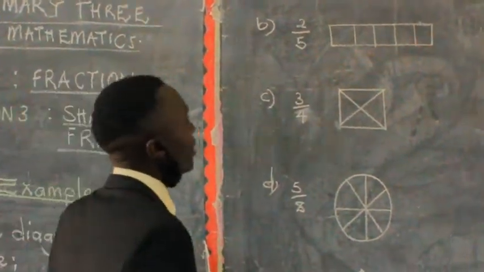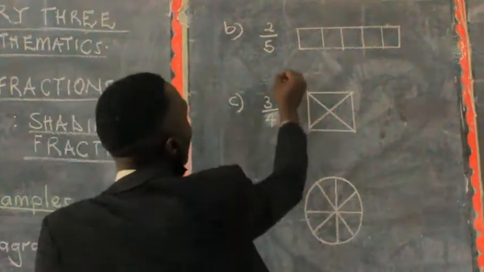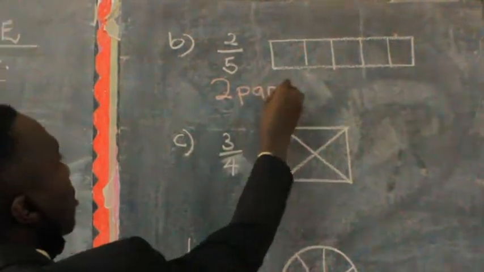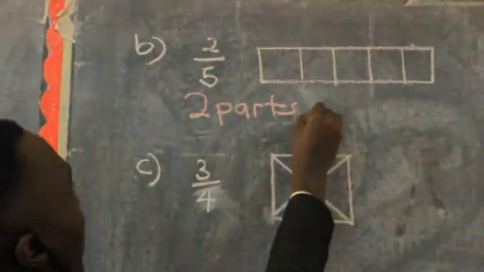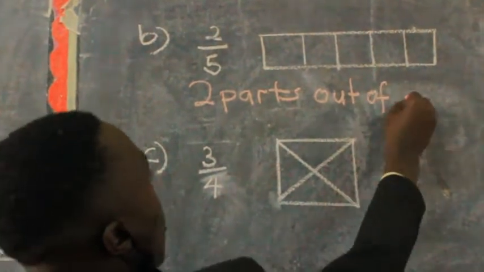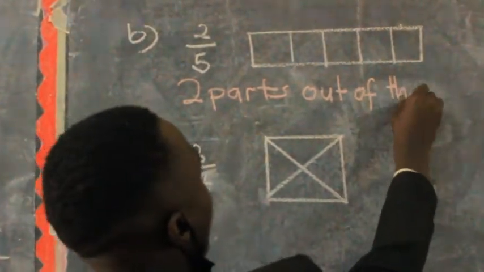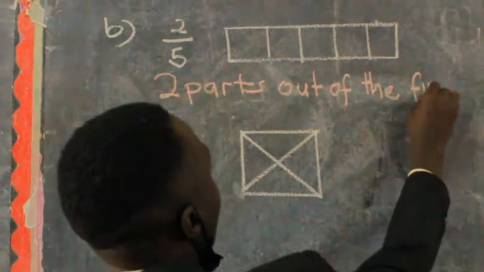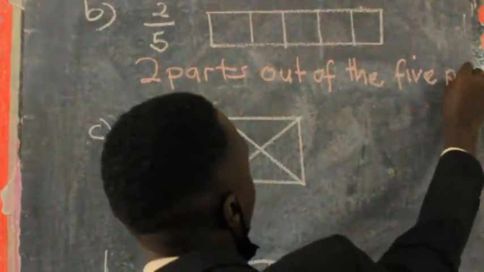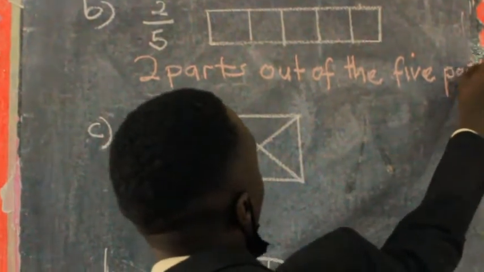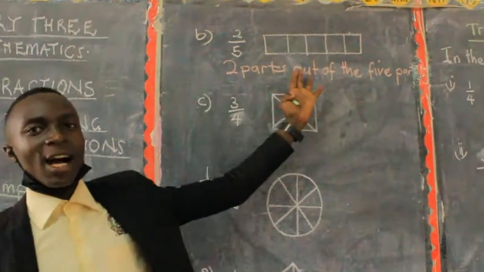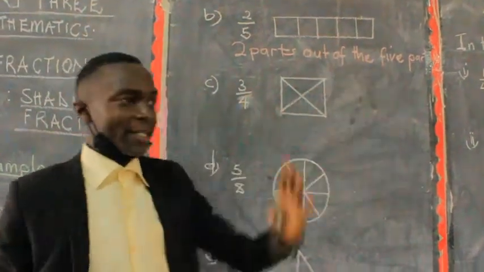This one simply means that we are going to shade 2 parts out of the 5 parts. So we are going to shade 2 parts out of the 5 parts.